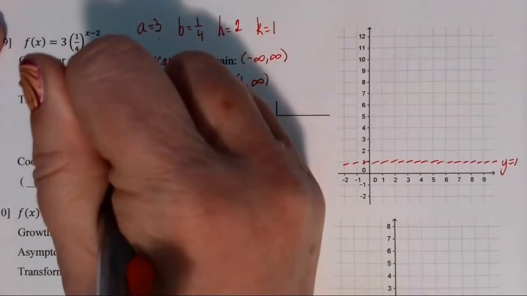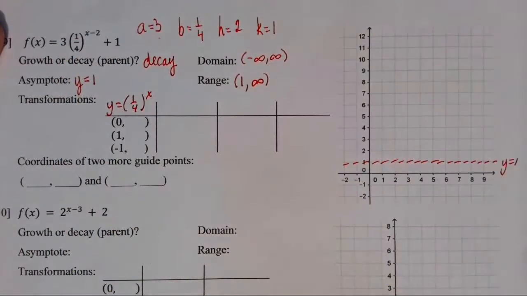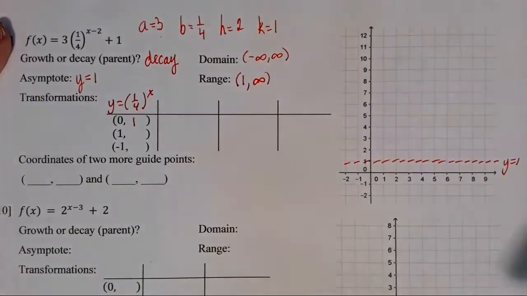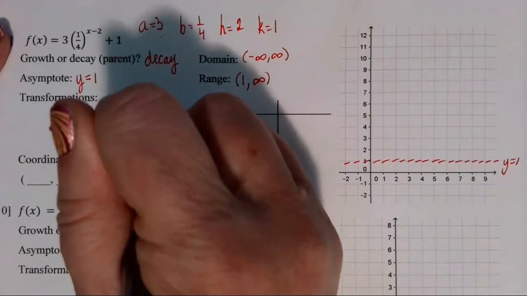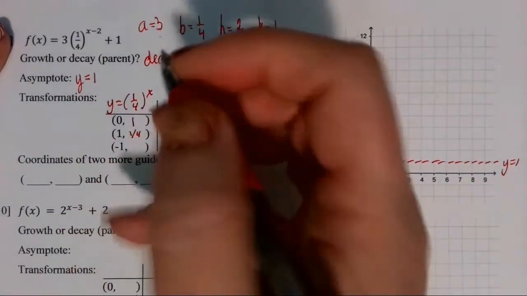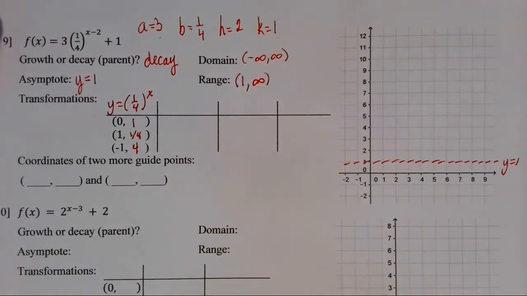So we're going to get the anchor points from our parent graph where the base is 1/4. So the anchor points are 0, 1, 1, B, which is a 1/4, and then negative 1, the reciprocal of B, and the reciprocal of 1/4 is 4.